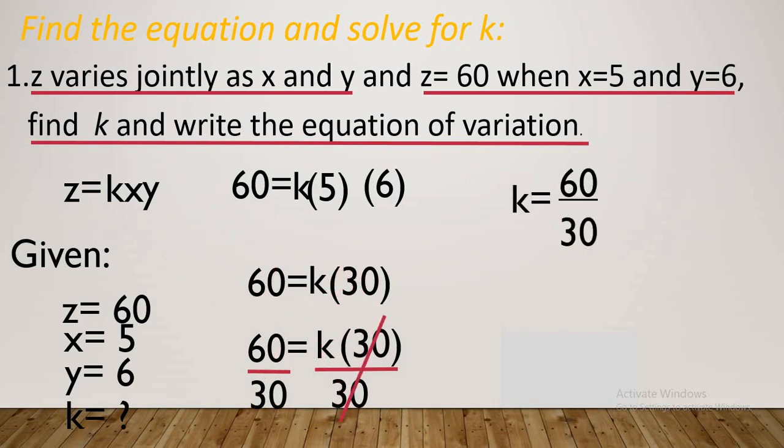So our equation will become 60 over 30, and we simplify it. 60 divided by 30 is 2. So your K is 2. So your equation of variation, from the equation Z is equal to KXY, our K is 2. So your equation is Z is equal to 2XY.